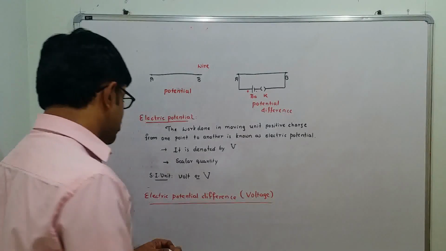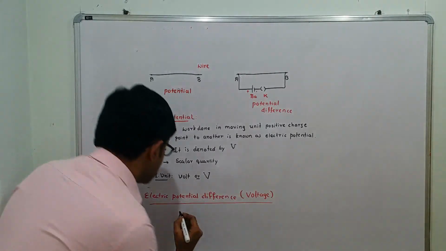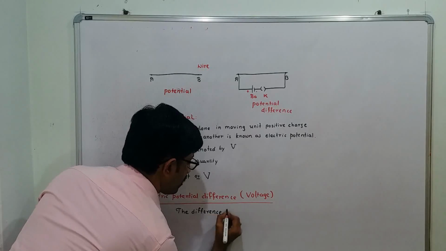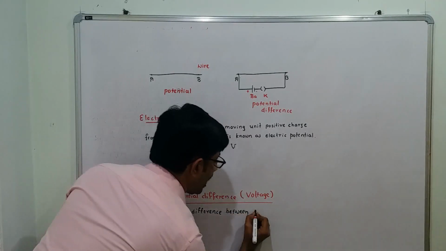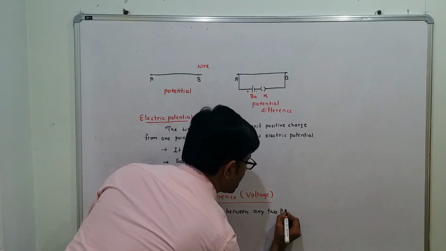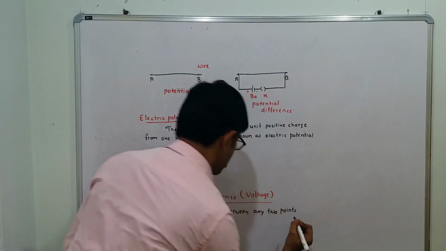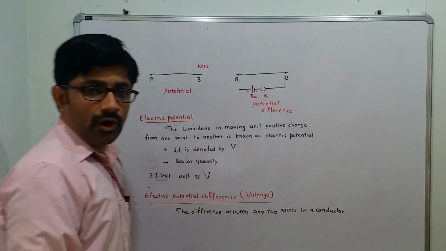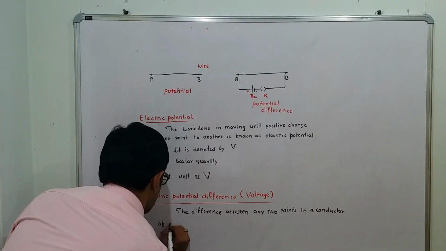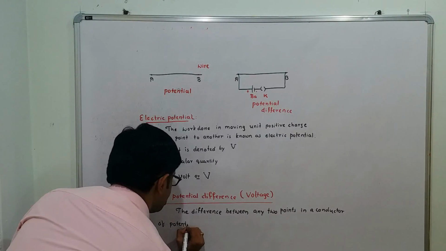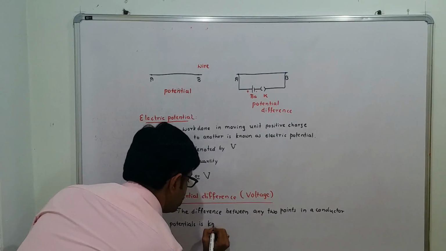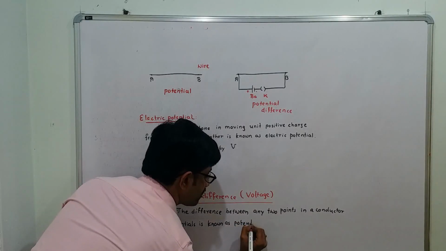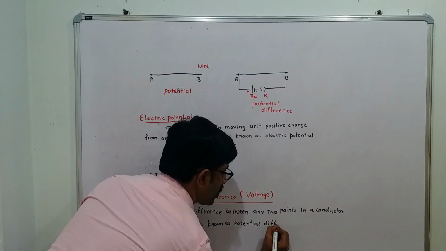Electric potential difference is defined as the difference of potentials between any 2 points in a conductor, and is known as potential difference or voltage.